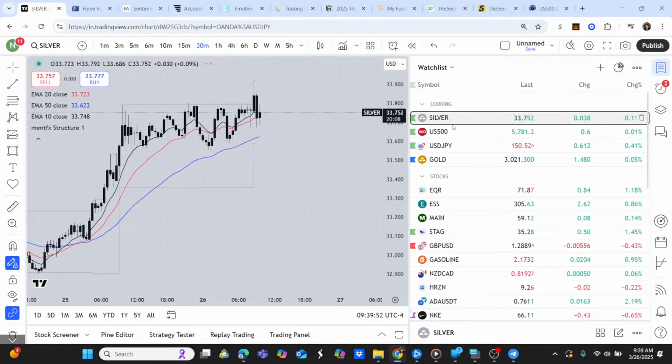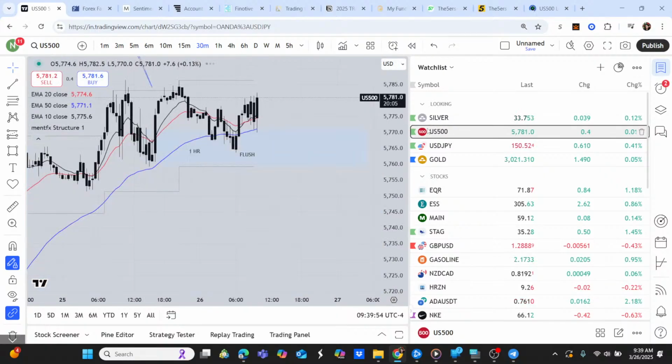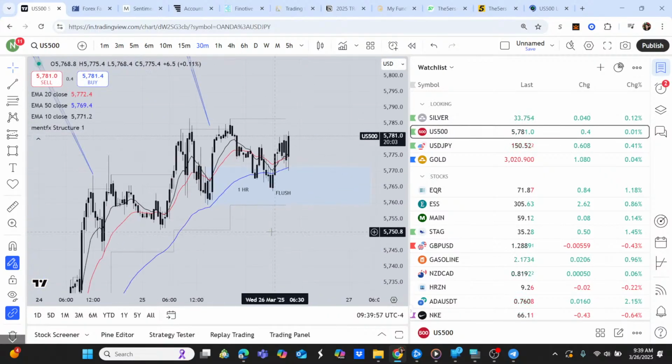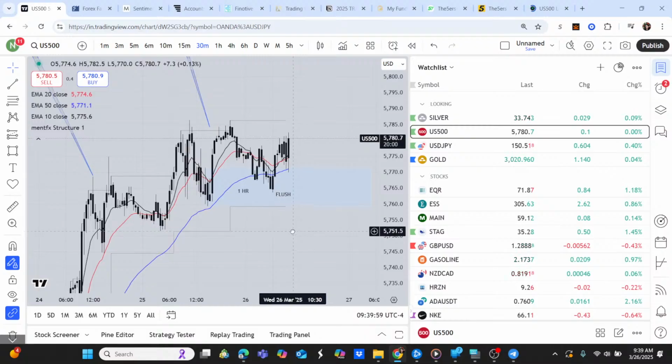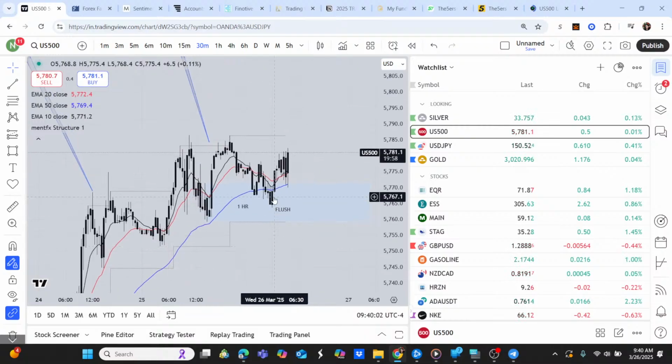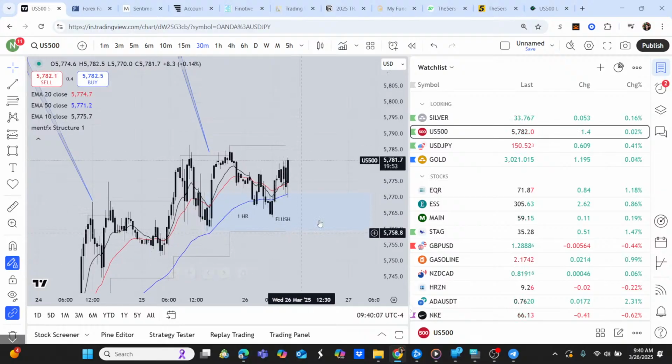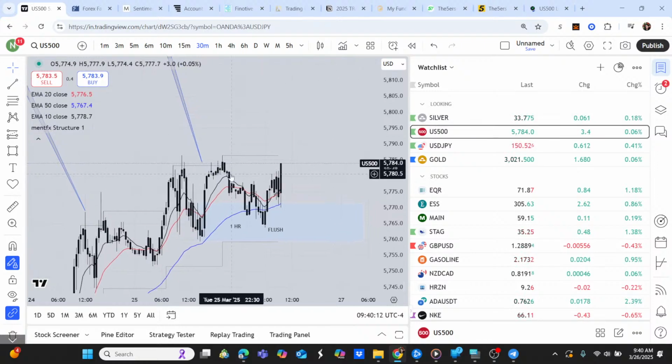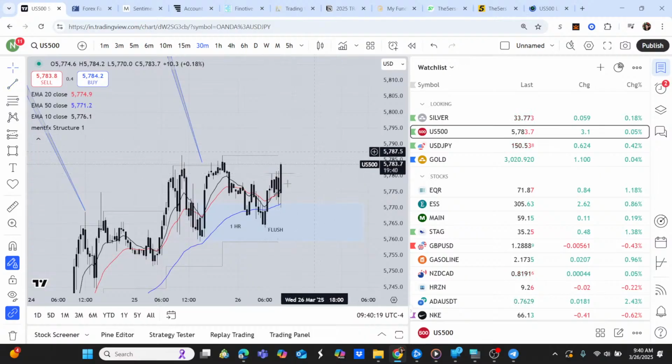So we can wait. If this was a 30-minute entry right here, probably would have got stopped out right here. Put in the stops right here.